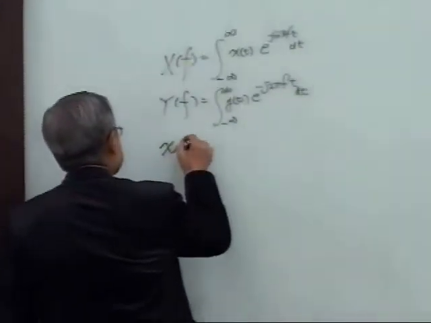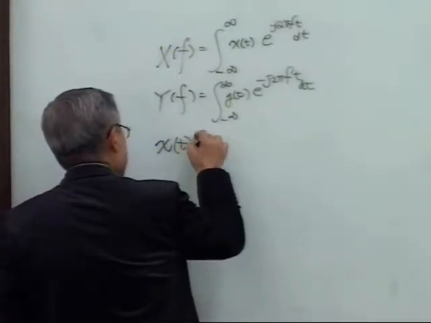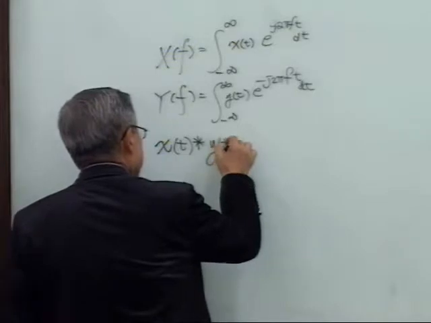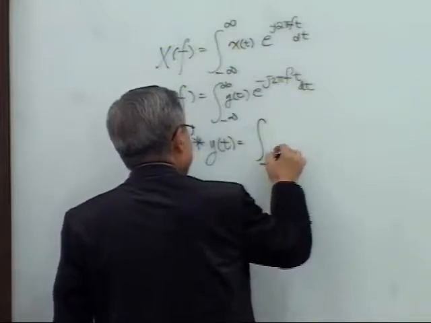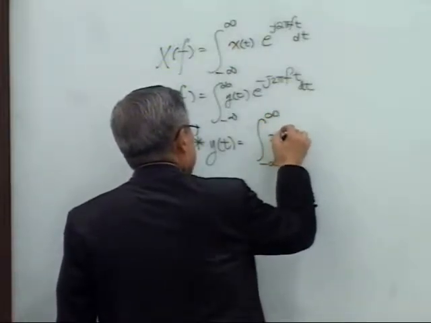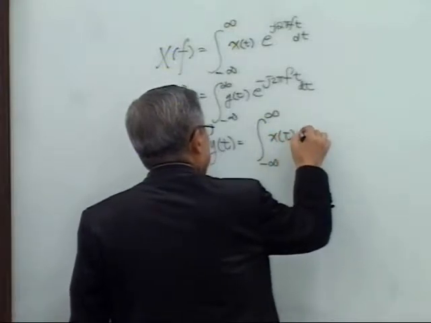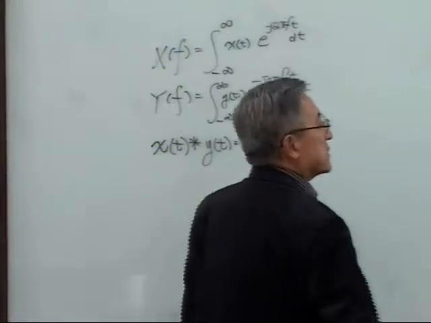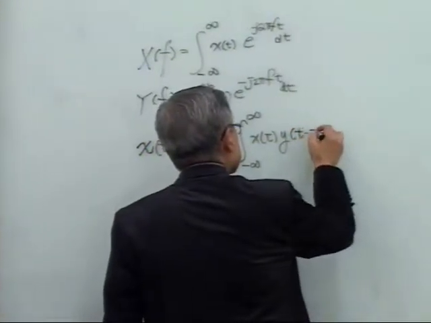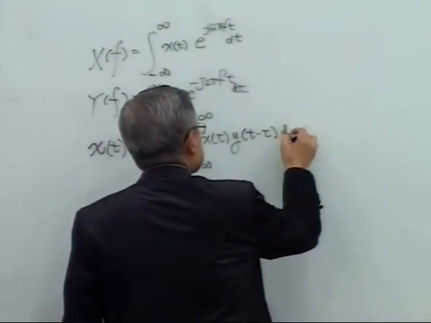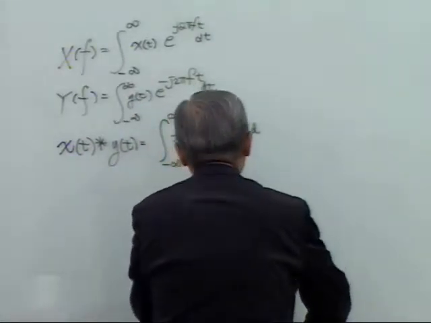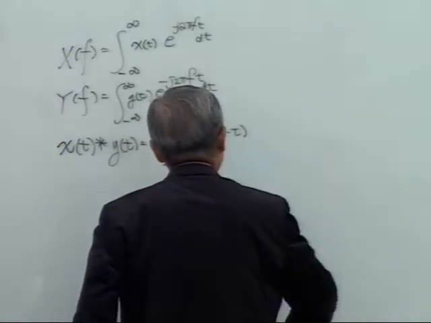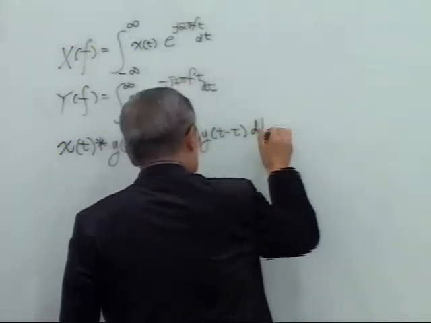So x(t) convolved, not the conjugate, with y(t) is equal to the integration from minus infinity to infinity of x(tau) y(t minus tau) d tau.